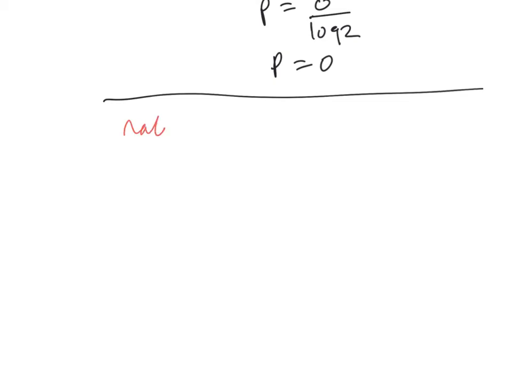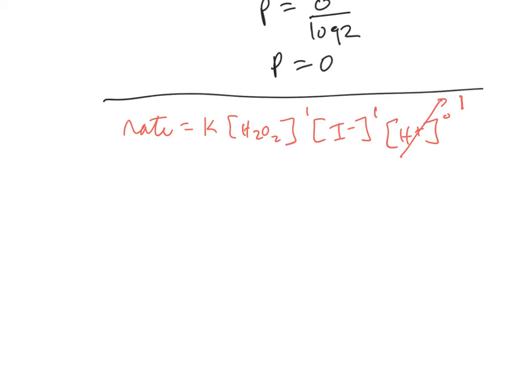So rate then is equal to K times the concentration of peroxide raised to the first power, iodide raised to the first power, and then H plus raised to the power 0. So of course that is equal to 1.